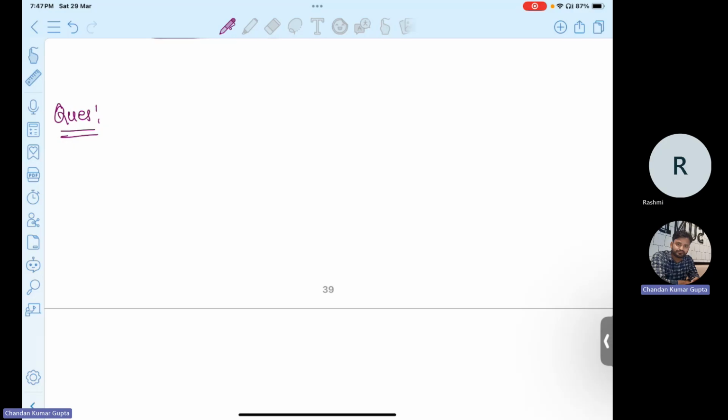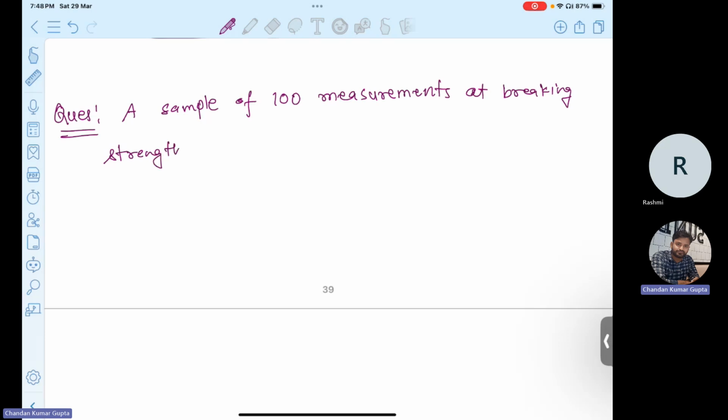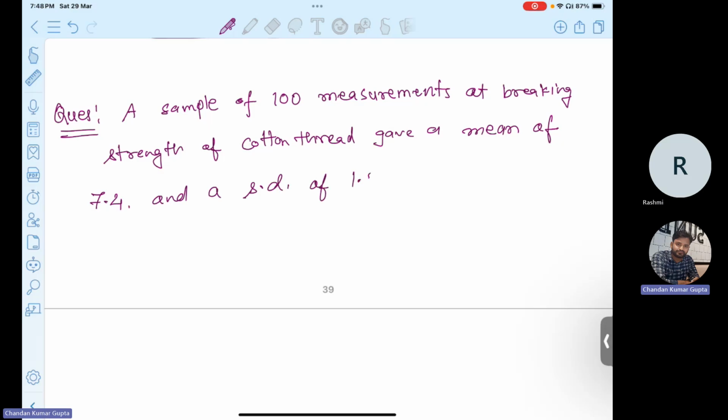Now the next question. Suppose we are given a sample of 100 measurements of the breaking strength of cotton thread, which gave a mean of 7.4 and a standard deviation of 1.2 grams.